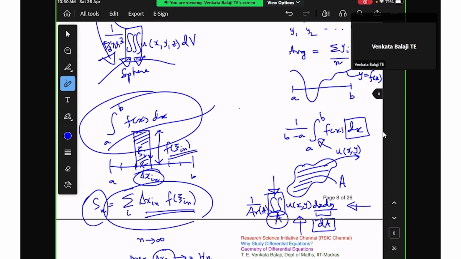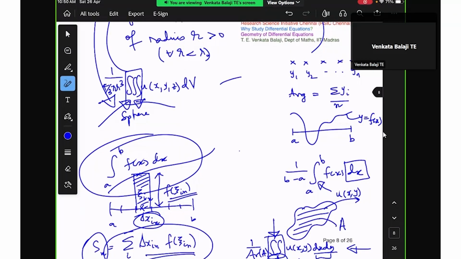For a two-variable function, the graph is a surface, and you are getting the volume below the surface above the xy plane. And of course, for a 3-dimensional function, the graph will be in 4 dimensions, because I have to plot x, y, z and then u. So this is something you cannot see.